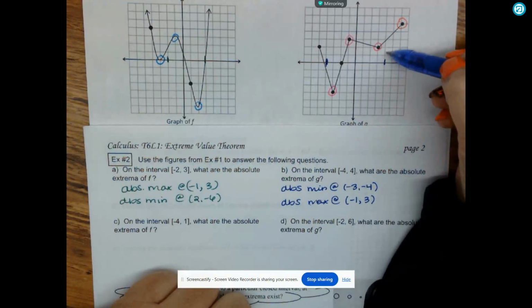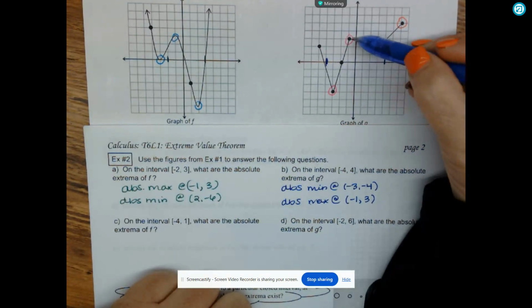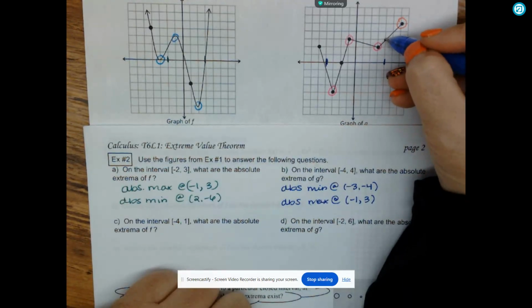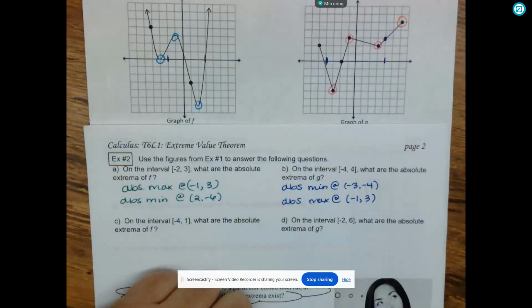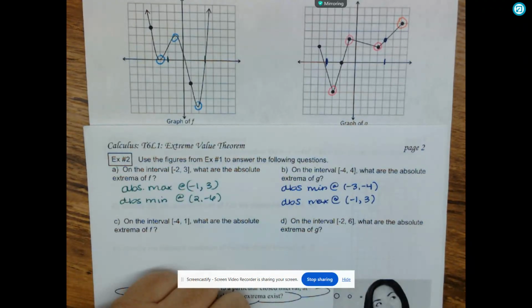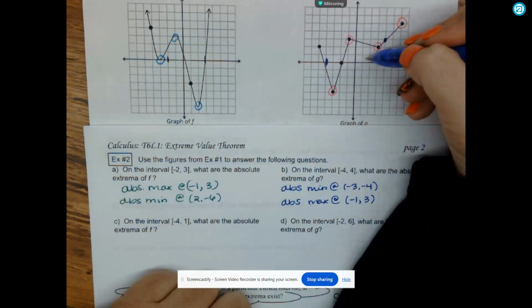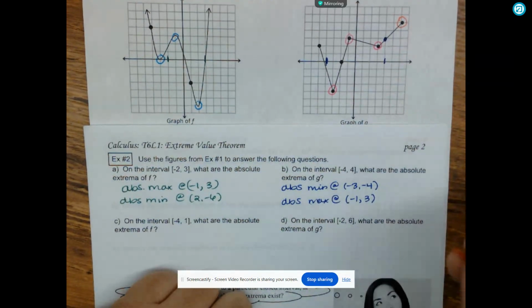Okay, and then she said the max was this one, -1, 3. Well, let me ask you a question. What about that one right there? Is it in line with the other max? It is. Is it an endpoint for us? It is, so it can be absolute. So that is a second absolute max at 4, 3.